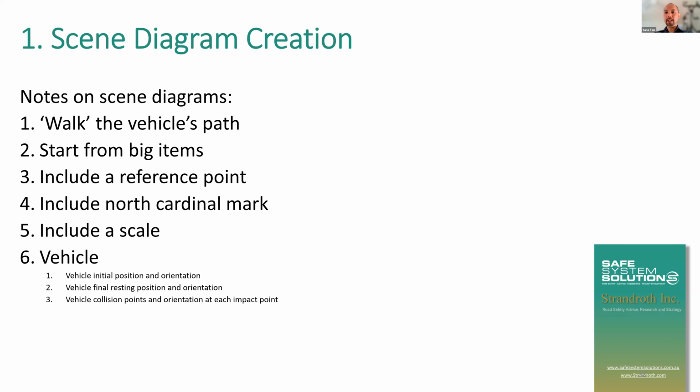I would generally pick V1 as the bullet vehicle, which is the primary vehicle of interest, and V2, vehicle 2, is of secondary interest. So if a crash occurred at an intersection, and let's say one vehicle is traveling north up your screen and another vehicle is traveling in this direction here, I would say that this is vehicle 1 that impacted vehicle 2, because this is the bullet vehicle.